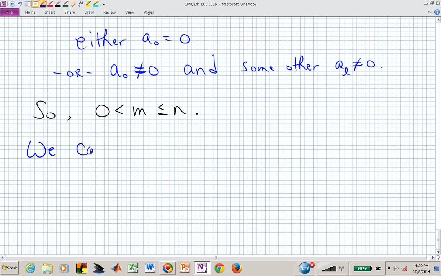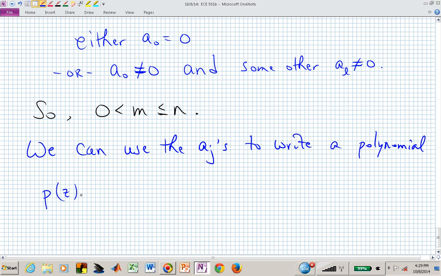We can use the a sub j's to write a polynomial, let's say p of z, equaling a sub 0 plus a1z plus dot dot dot plus a sub n z to the n in general.